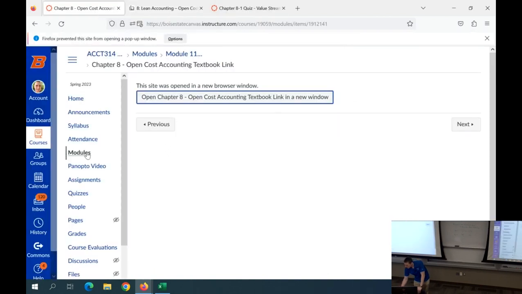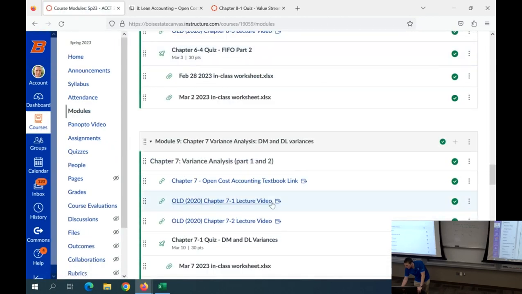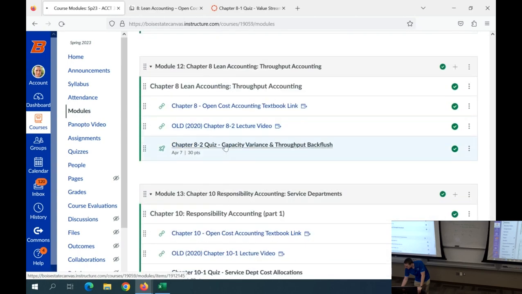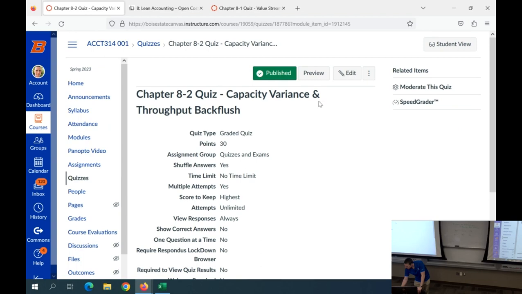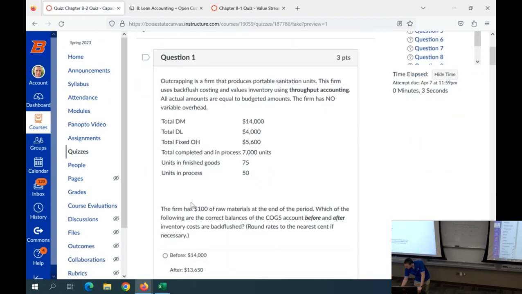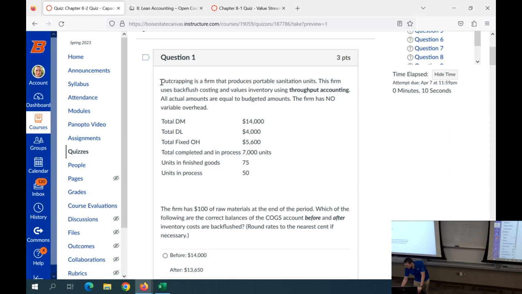And so just as a preview, let's look at a question real quick. Just look at it. We won't do it. So we have a question, and this kind of question has my best firm name ever, Outcrapping, which is a sanitation firm, those porta potties. I ran that by somebody who runs a porta potty business, and he didn't think it was very funny.